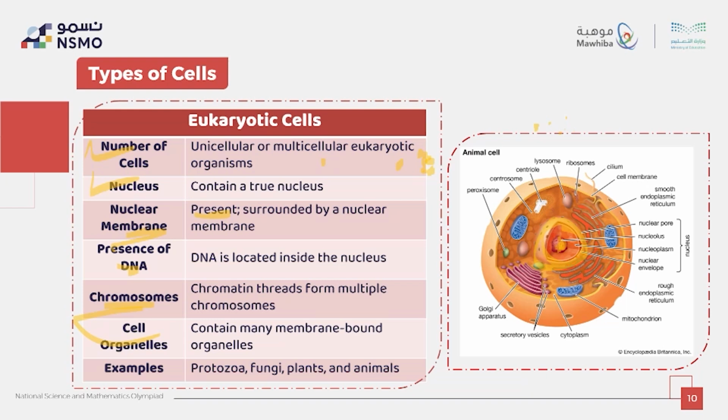Mitochondria, Golgi apparatus, endoplasmic reticulum, lysosomes, and so on. These organelles allow the cell to perform complex functions. Examples of eukaryotes are many, like protozoa, fungi, plants, and animals.